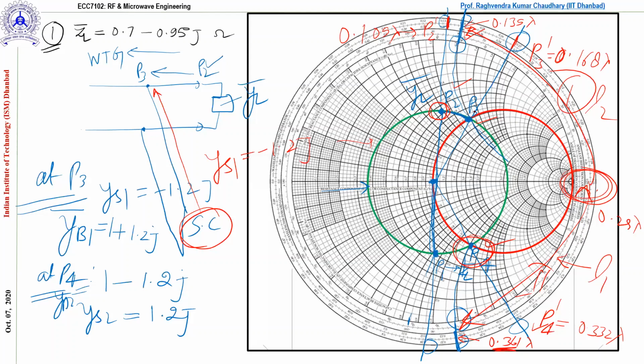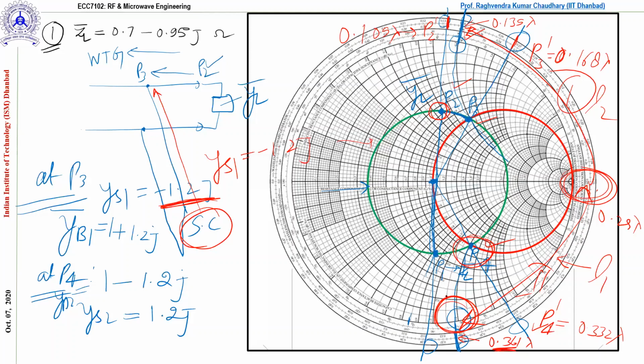And because we have to find the proper solutions, we have to find the admittance for the stub, and the value of that will have to be the negative, which means minus 1.2J, correct? And that minus 1.2J we will be getting at the bottom side, this location, somewhere there, correct?